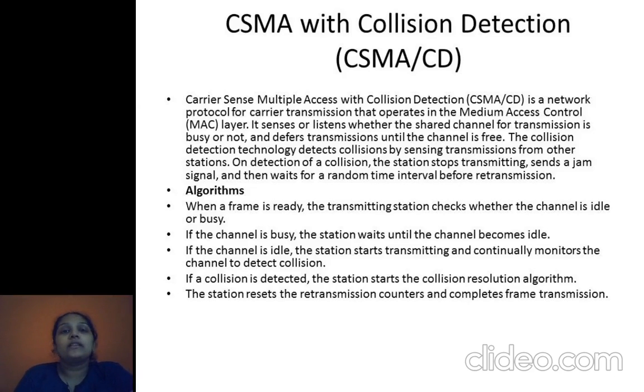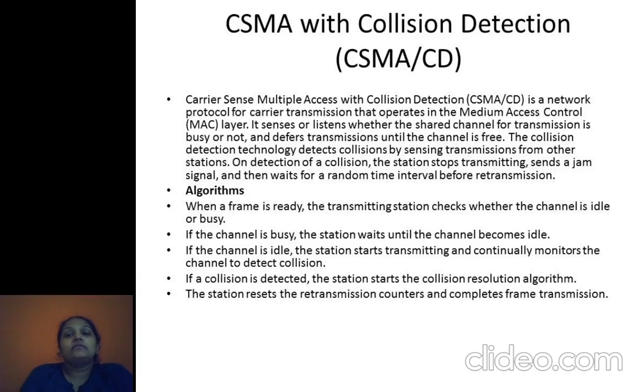Second thing is the actual algorithm. In the actual algorithm, a frame is ready to send if the channel is idle. Otherwise, if the channel is busy, the station waits for the channel to become idle. After finding the channel idle, the station starts transmitting and continually monitors the channel to detect a collision.